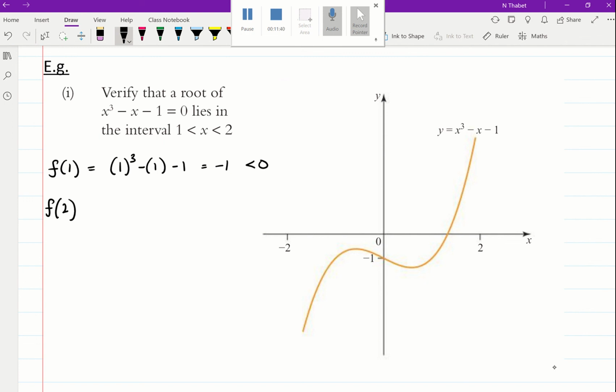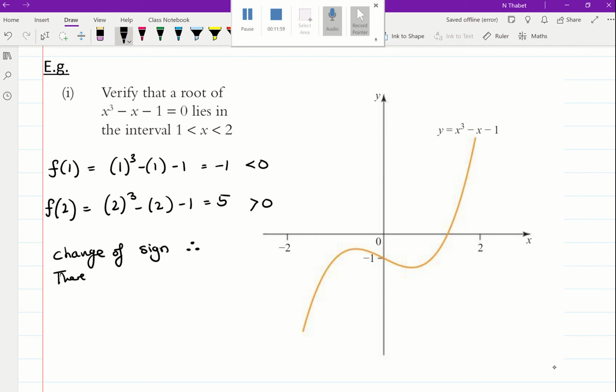And then I'm going to substitute the value of 2, so that's 2 cubed minus 2 minus 1, which is 5, and we've got a change of sign. Therefore, there's a root in the interval x is bigger than 1 and smaller than 2. So we verified it.